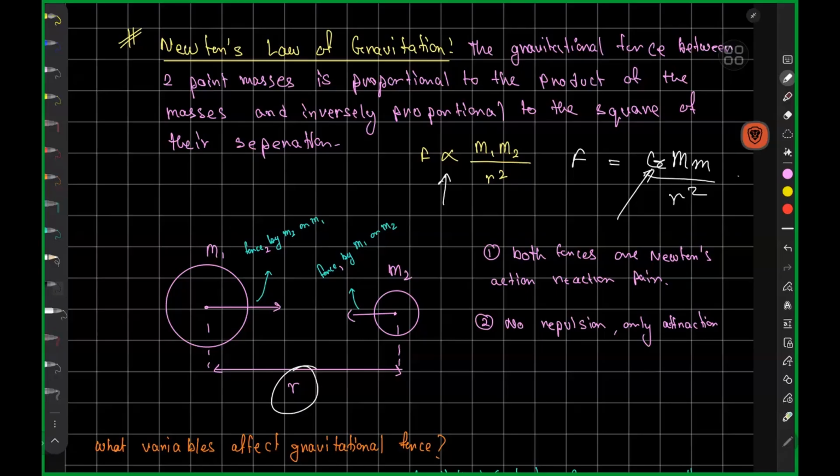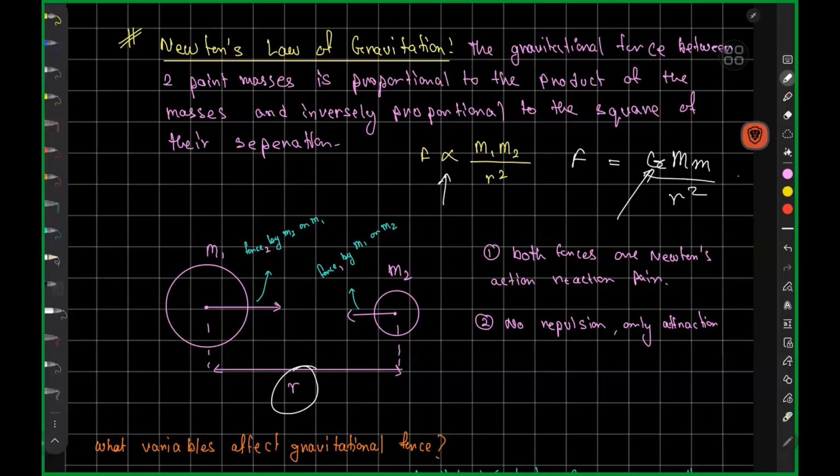When I'm aware of their mass and their separation, I can predict or find out the force between the two objects attracting or interacting. So this was experimentally found out. There's no derivation for it. If there was, I would obviously show it to you guys.